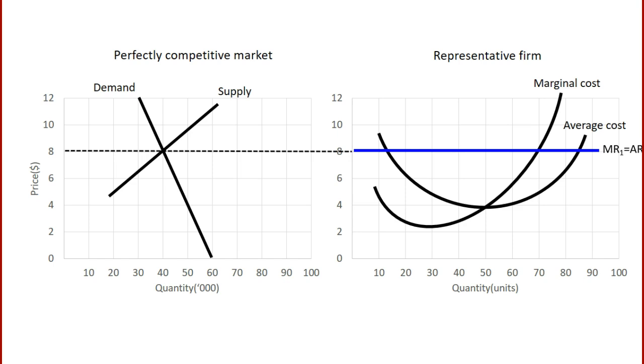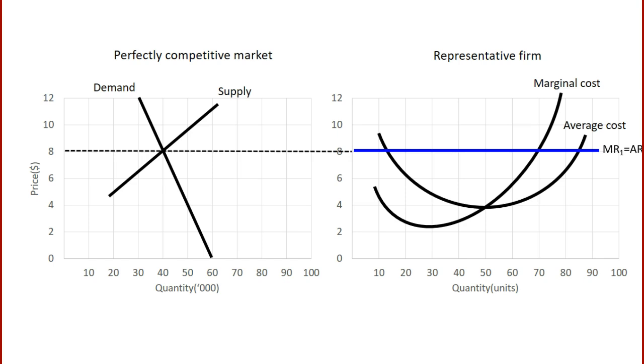What's the optimal amount that this firm will produce, assuming that its entrepreneur is a profit-maximizing rational agent? We're going to say that we have a rule for that.